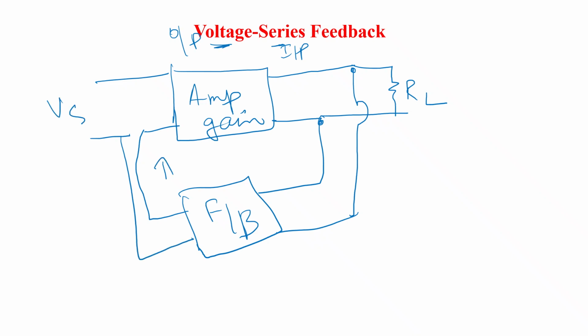So this is the input signal. Here there's a source signal, and this is the V0 value. Here Vf is equal to beta into V0. The input voltage and the feedback are applied in series to a voltage series feedback amplifier.